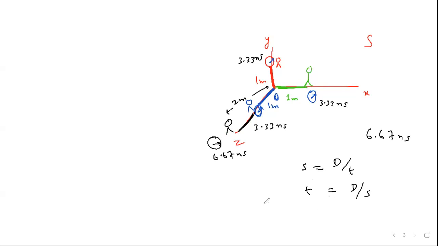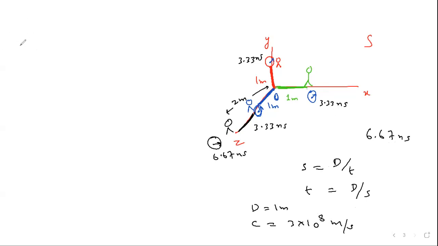Now if you take distance as 1 meter and speed of light is 3 into 10 raised to 8 meter per second, if you divide 1 meter distance by 3 into 10 raised to 8 meter per second, you will get this value 3.3 nanosecond. If you divide 2 meter distance by this speed of light, you will get 6.67 nanosecond, right?